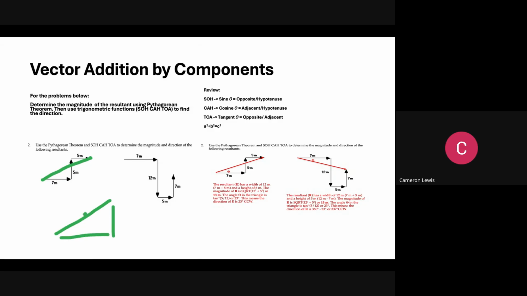Because we know these values. This up part, the vertical part, is 5 because we see it right there. This part right here is 7 plus this 5. 7 plus 5 is 12.